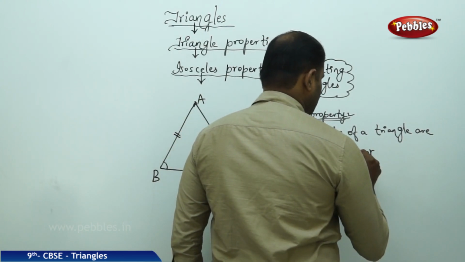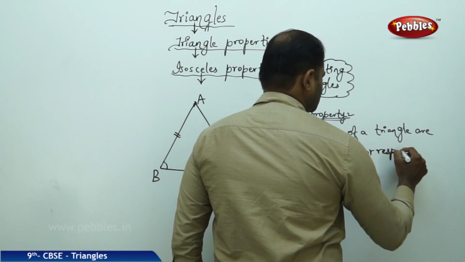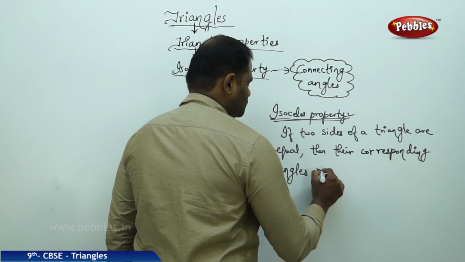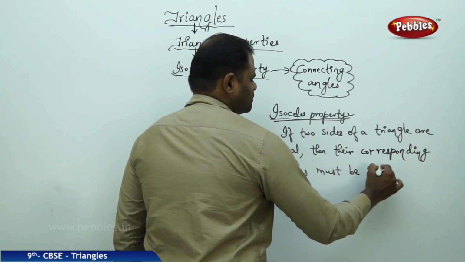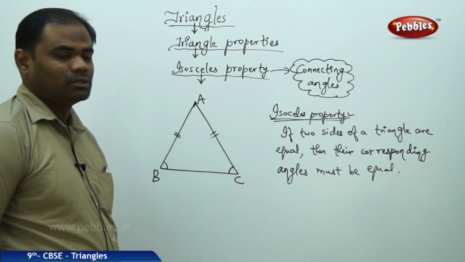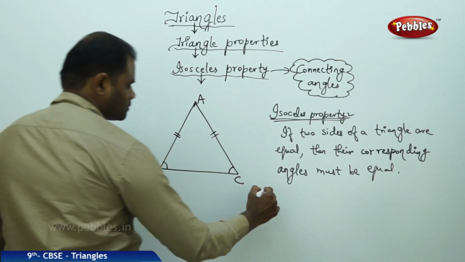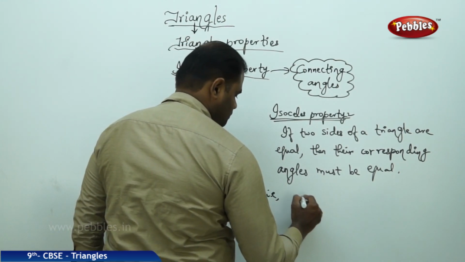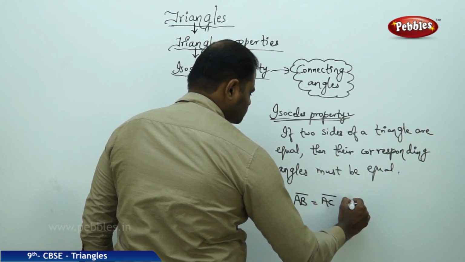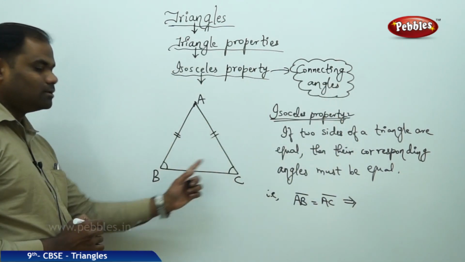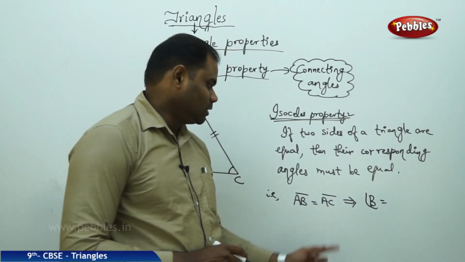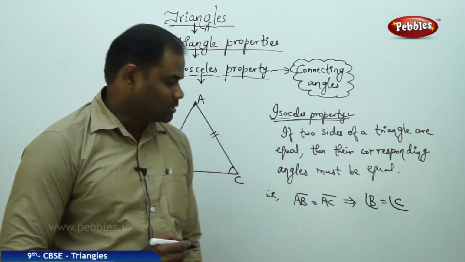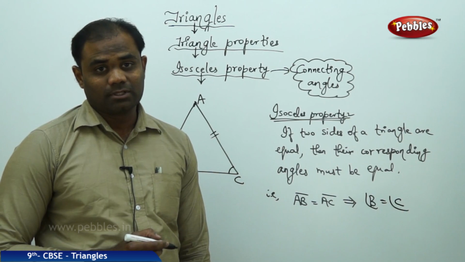Then their corresponding angles must be equal. That is, AB equals AC implies angle B equals angle C. This is how we connect the isosceles property.